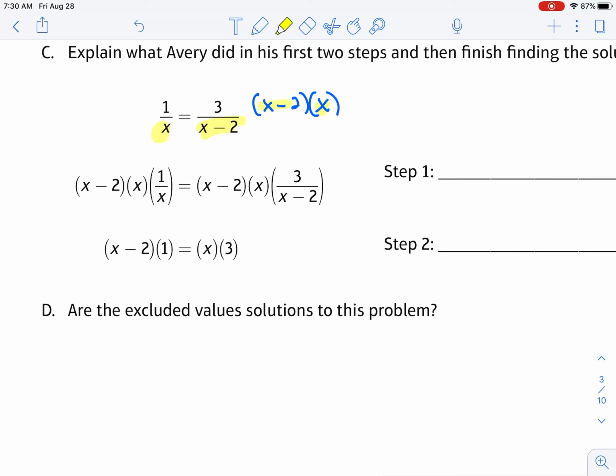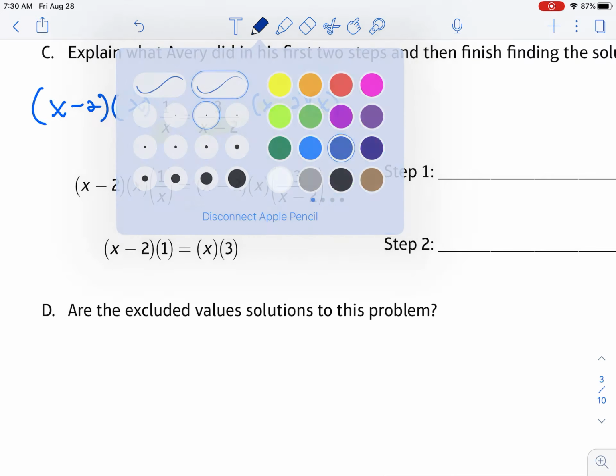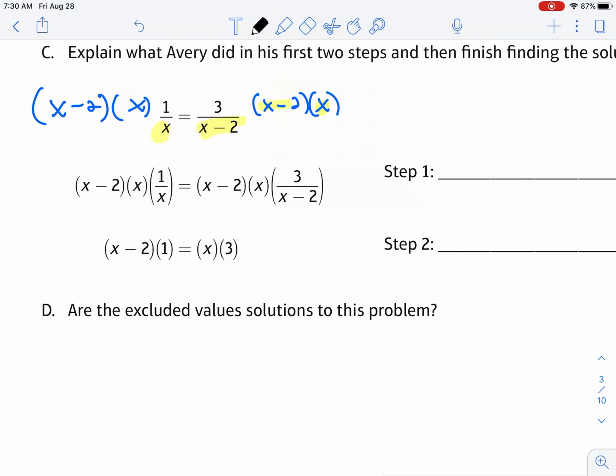So here are the two denominators. And then what we do to one side, we're going to do to the other. So the x's will cancel out, but we are also needing the x minus 2. So with that said, what ends up happening is the x minus 2's cancel out, and notice you're left with your 3x, okay?